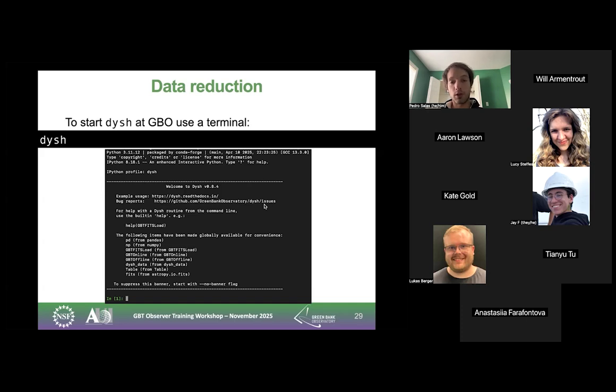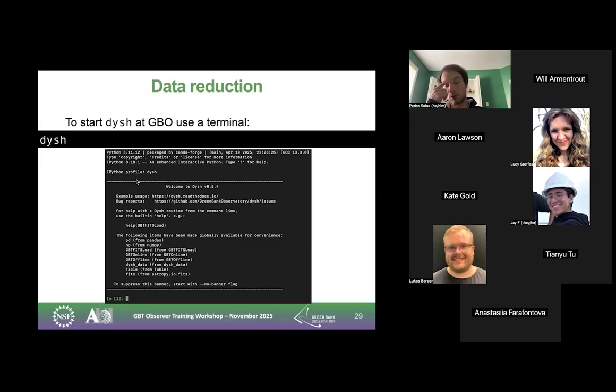So if you're familiar with IPython, excellent. Because it's just a Python package, you can also use it in a Jupyter notebook. I'm not going to give examples of how to do that here, but if you're familiar with Jupyter notebooks, there's a tool called dysh-lab, which will basically launch a Jupyter notebook within GBO hosts.